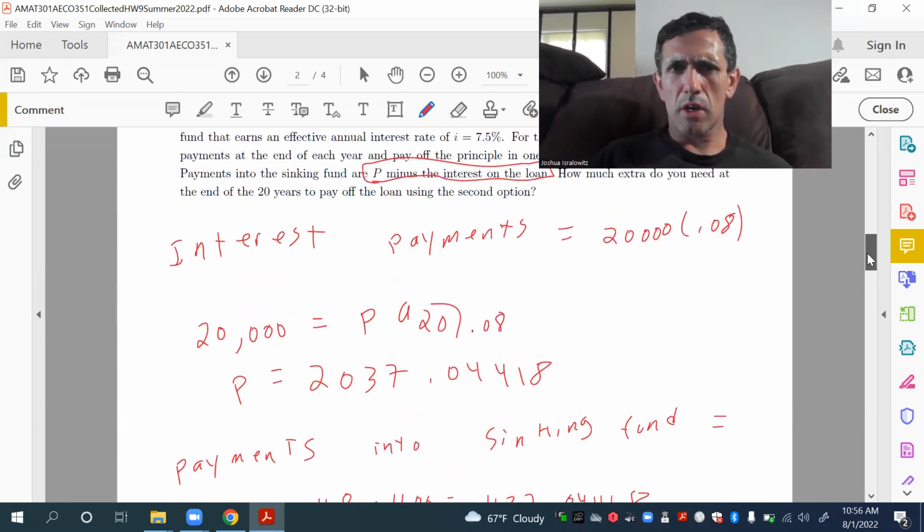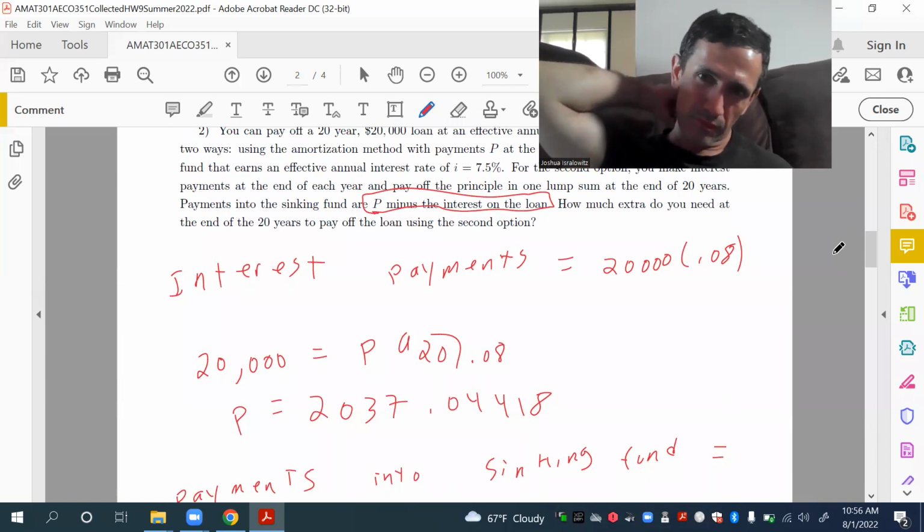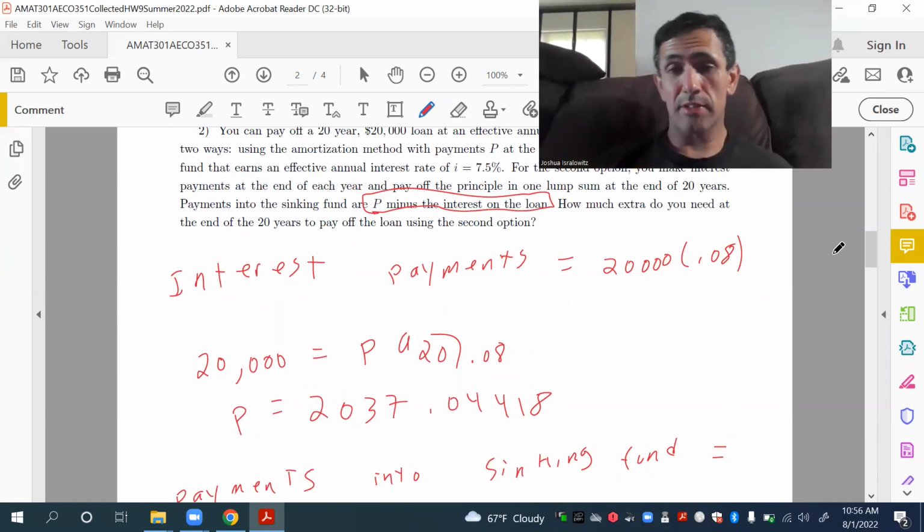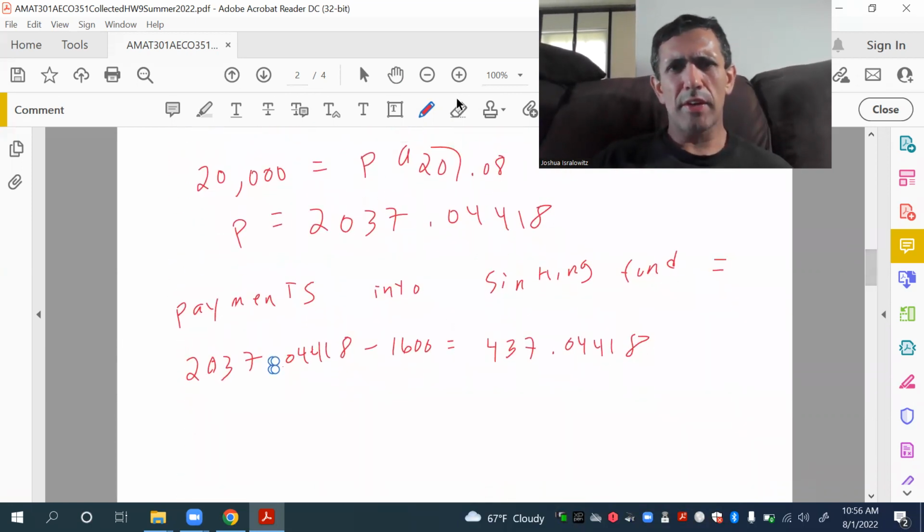All right, so these are the deposits into the sinking fund. The sinking fund earns 7.5%.